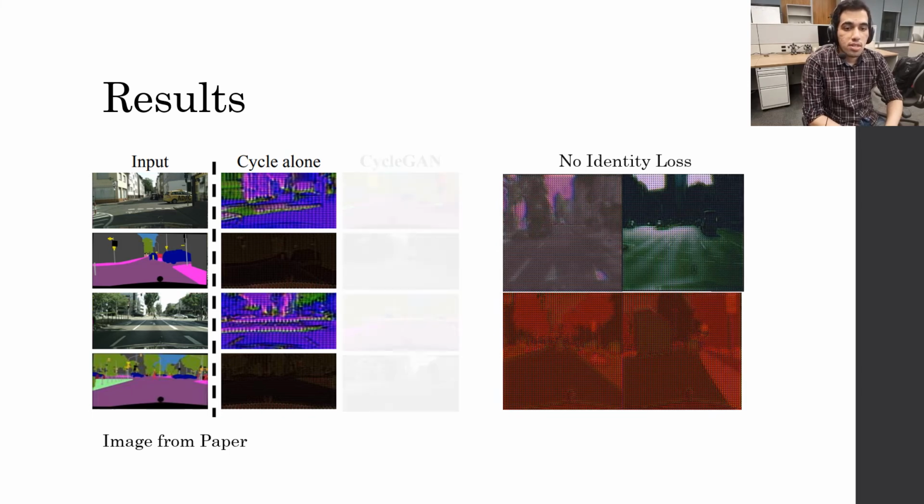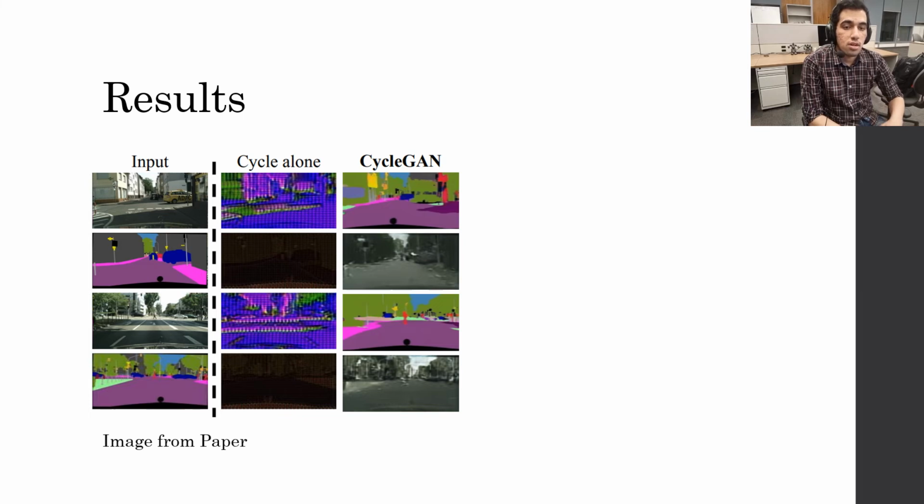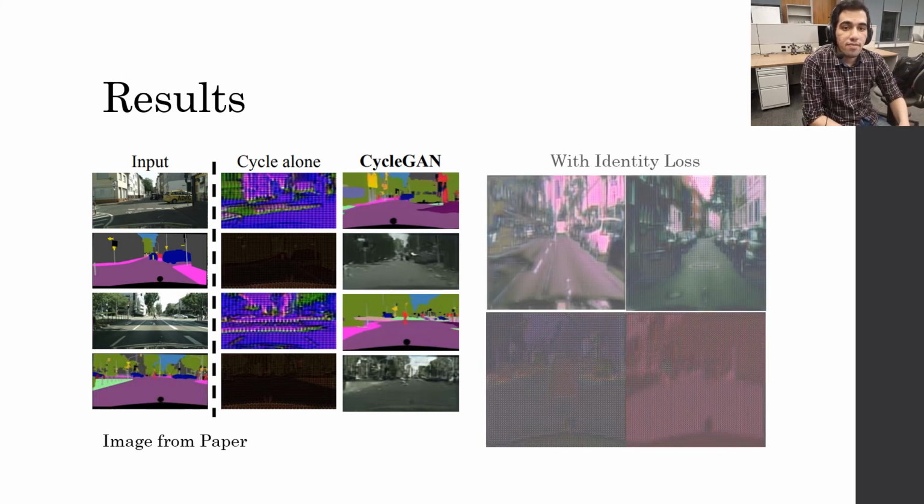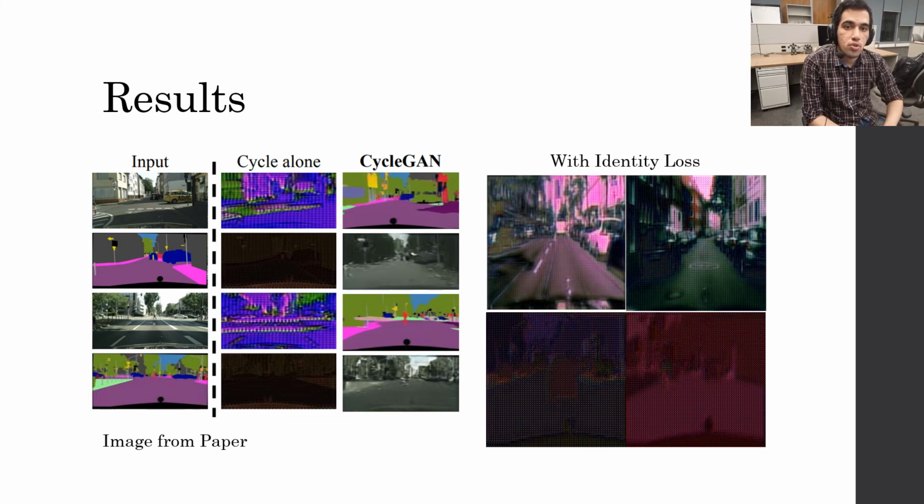But the point is, when they used other losses, for example, the identity loss and other things in this model, their results improved very much. Our results did also improve, but the improvement was not as good as theirs. Since it's their paper, I'm assuming that they trained it for a longer time.